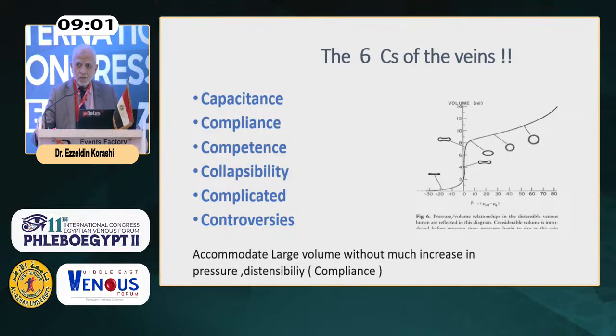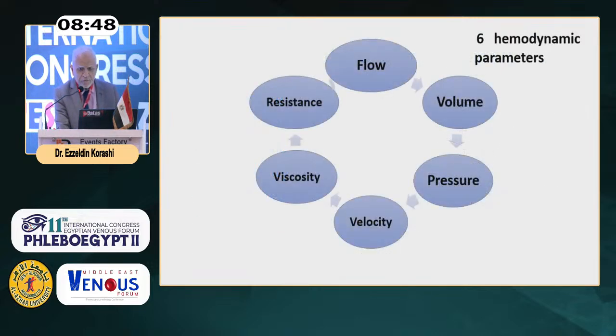All of us know that the veins are very thin-walled and very compressible, and in addition to that, they can accommodate large volume of blood without increase of pressure. Let's have 6 hemodynamic parameters. Most important is the flow, and these parameters are the same as the arterial side, but with some differences in most.